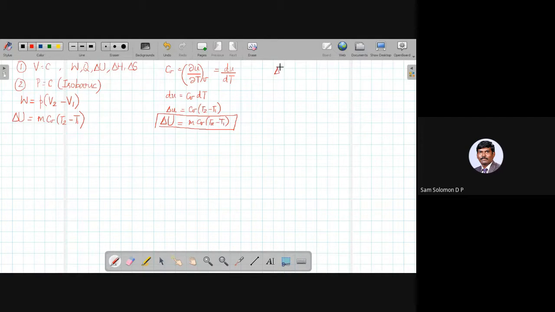Similarly, in the last class, we also saw delta H is mcp times T2 minus T1.